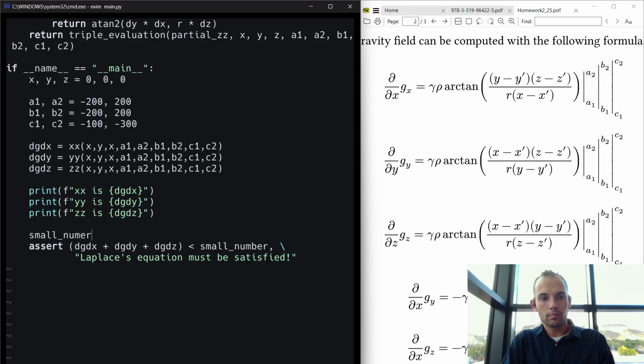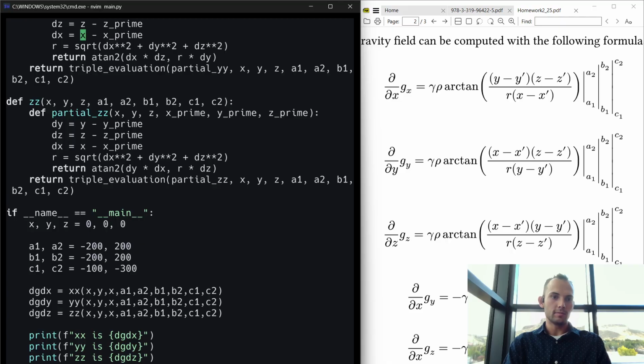I don't know how precise things should be. And this should definitely be an absolute value. Okay, so our assertion is passing. At least we've computed the gradient terms of 3 components at a single point.